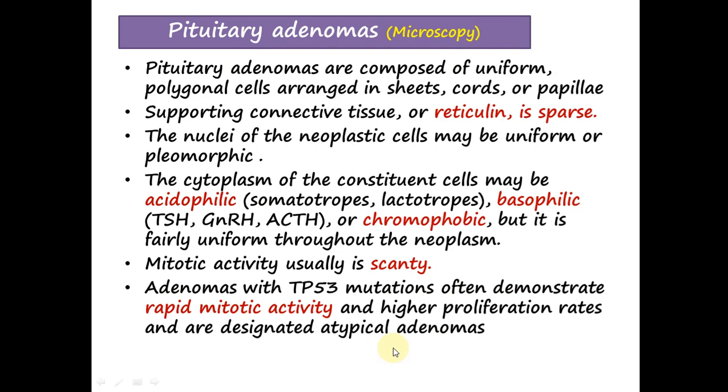Microscopically, the pituitary adenomas are composed of uniform polygonal cells and they may be arranged in sheets, cords, or sometimes they may form papillary projections. One very important point to remember is that in adenomas, the connective tissue, which is known as the reticulin, compared to the cells, this reticulin network is very little and sparse.